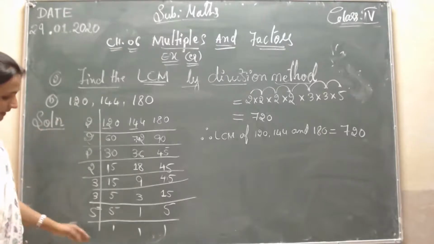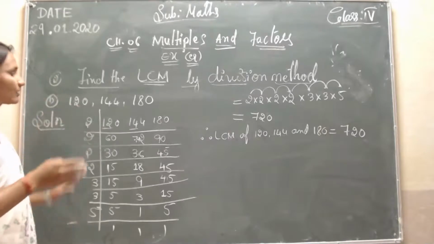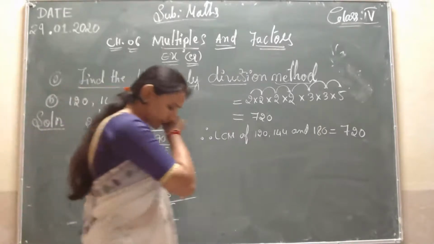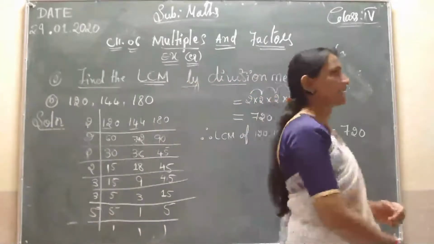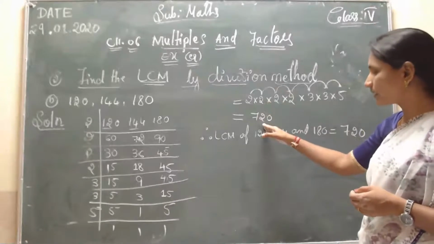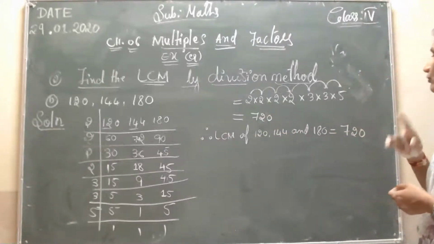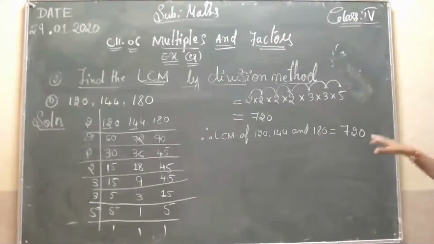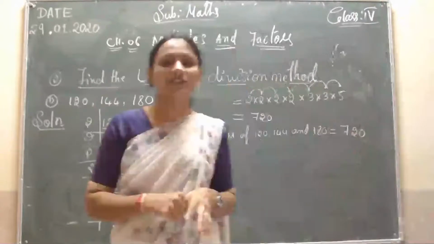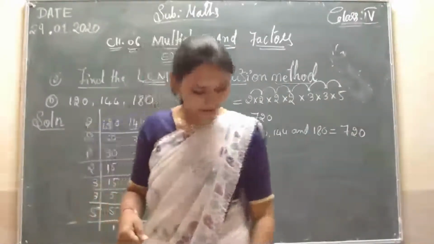Afterwards we will get the remainder as 1. After these steps, the product of all the prime factors is the LCM. So the multiple afterwards we will get here is 720. So the LCM of 120, 144 and 180 is, students, 720. So this is the LCM division method, students.